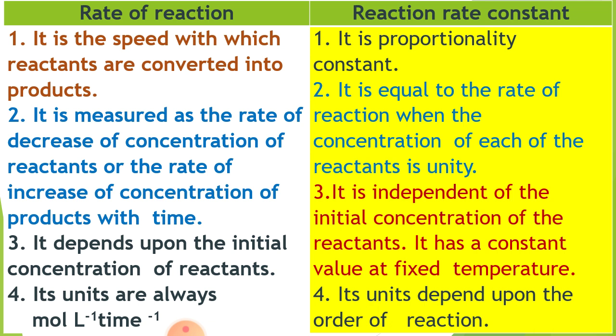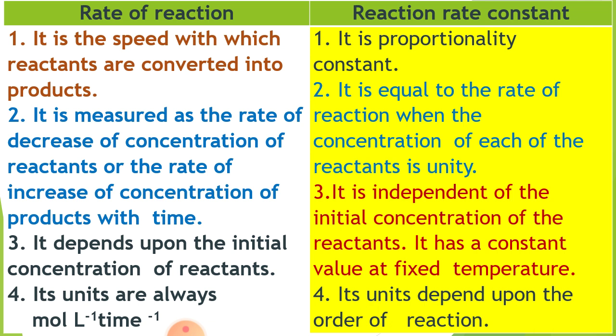Now the second point: rate of reaction is measured as the rate of decrease of concentration of reactant or rate of increase of concentration of product with time, but the rate constant is equal to the rate of reaction when the concentration of each reactant is unity.